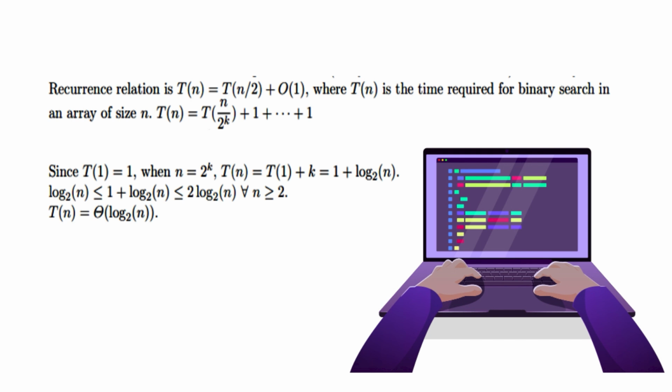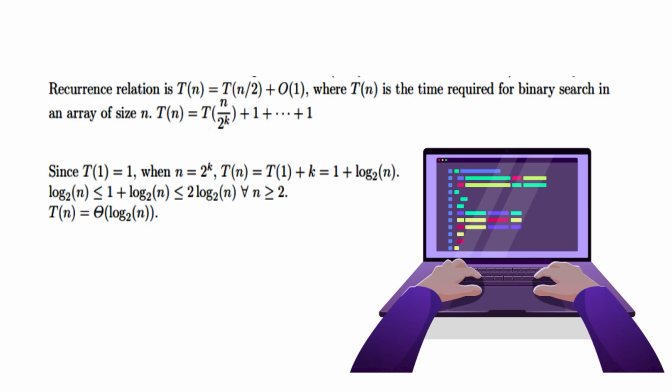So, n/2^k equal to 1, that is problem size is 1. In this case k equal to log n base 2, okay. So, k means the number of iterations.